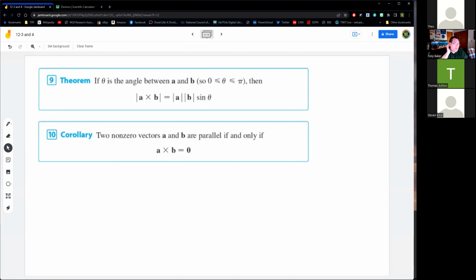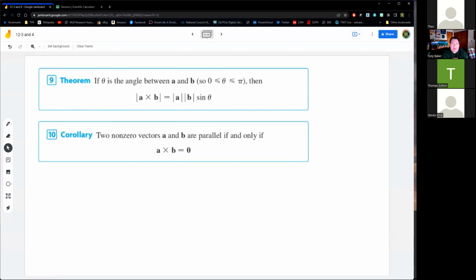That also means that two vectors A and B are parallel if and only if the cross product is 0. So where we did with the dot product, I can determine if two vectors are perpendicular to each other.